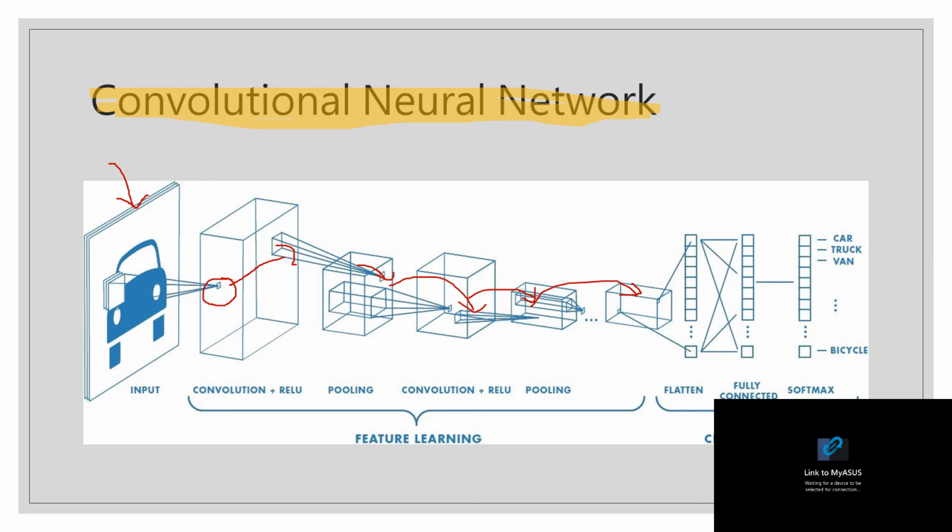Then we link those abstract forms as a vector and match them with the labels, the classifications. This is how deep learning runs inside our computer vision.